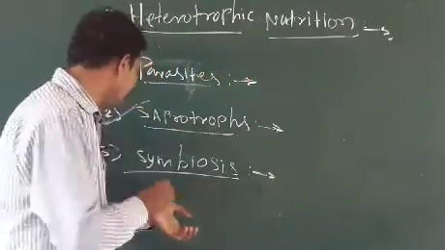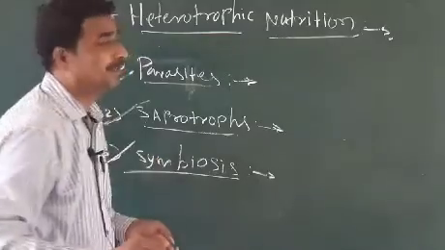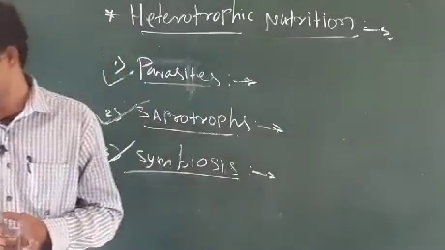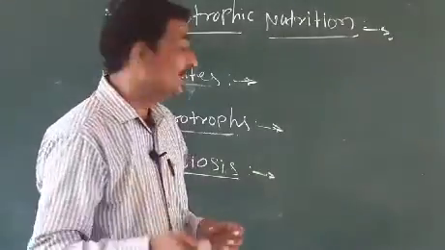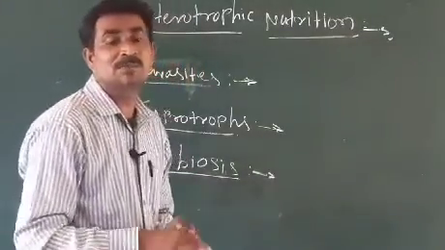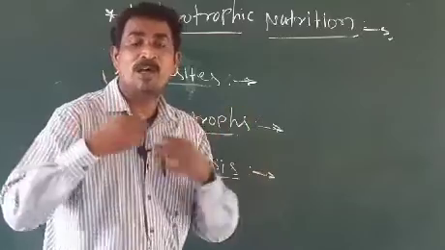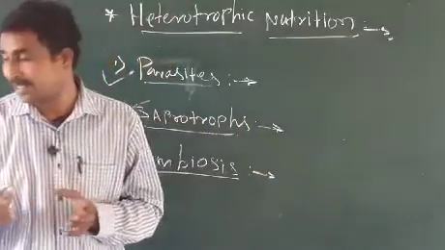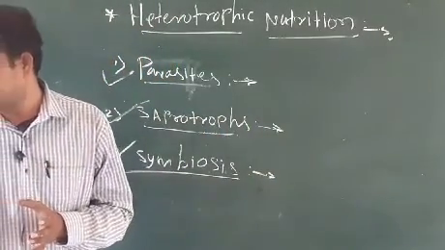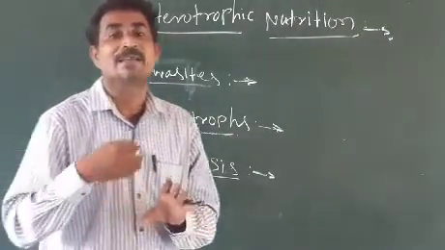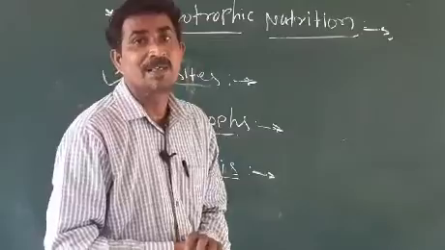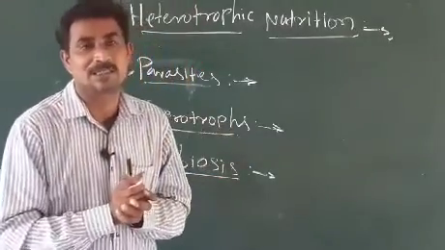Okay, next is symbiosis, the third part of the heterotrophic modes of nutrition. In this mode, as in fungi or mushroom-like organisms, different organisms work together for their own benefit. Suppose, what is a fungus?